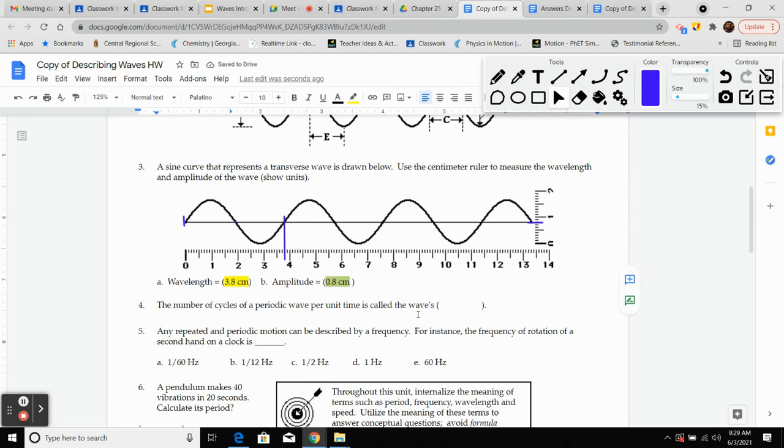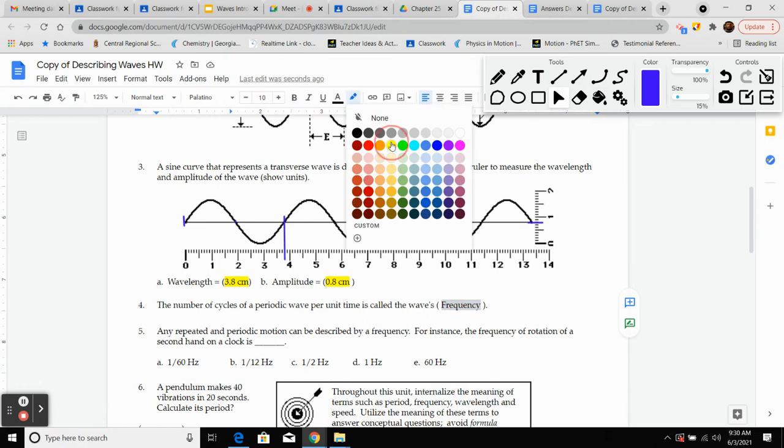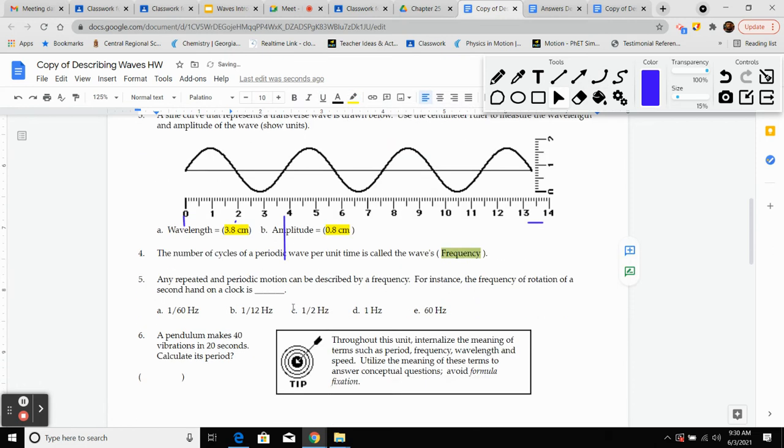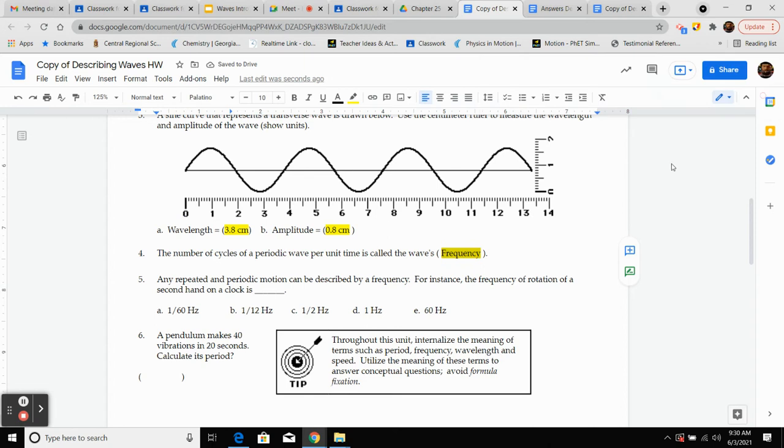Number of cycles per period, what do we call that? I'm sorry, number of cycles per second or period of time. Frequency, good. Okay, let's get rid of all that.